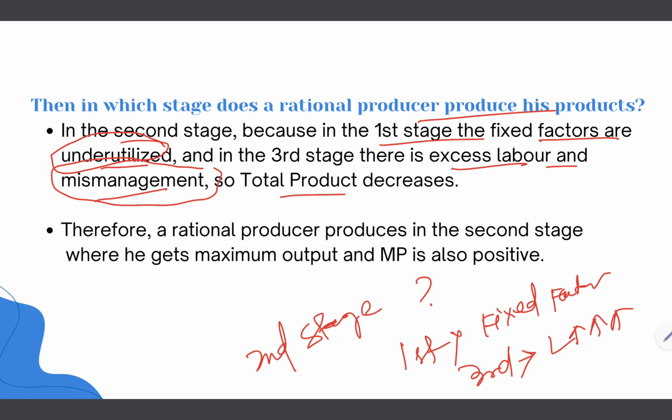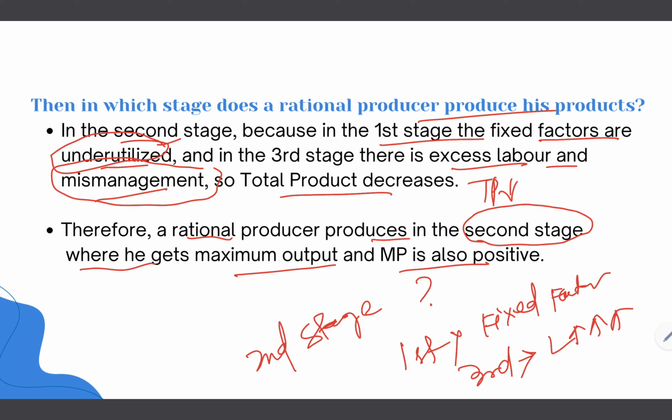So total product decreases. At which stage? In the third stage. And in the first stage we observe the underutilization of the fixed factor. So therefore, a rational producer produces in the second stage, where he gets maximum output and MP is positive.